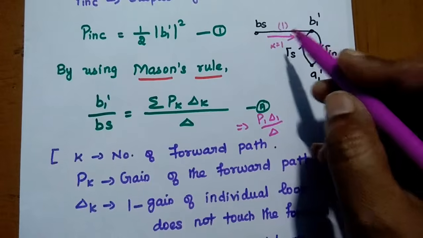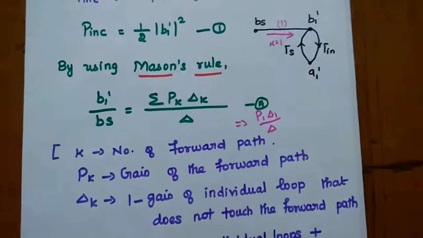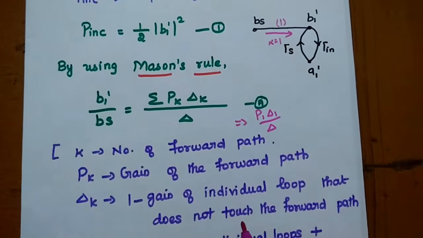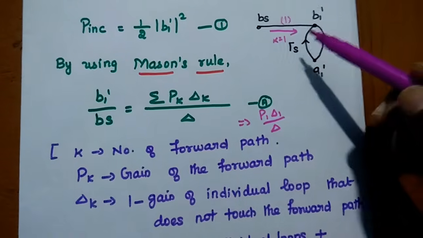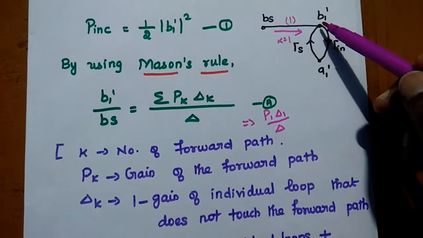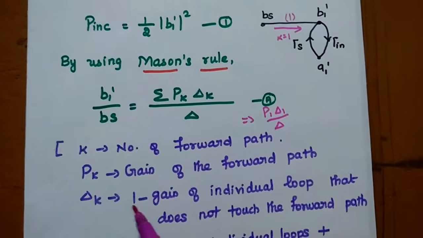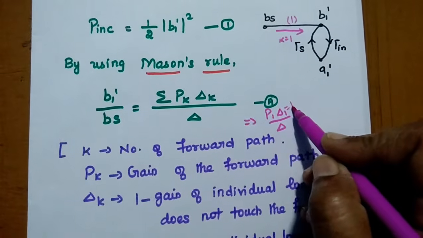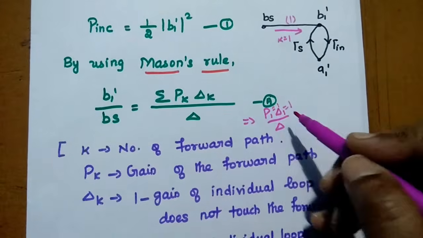So P1 is equal to 1, and del 1 is equal to 1 minus the gain of individual loops that do not touch the forward path. Here we have only one loop, and it touches the forward path. So del 1 is equal to 1 minus 0, which is also equal to 1.